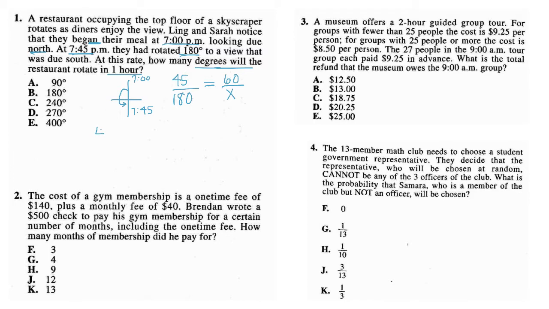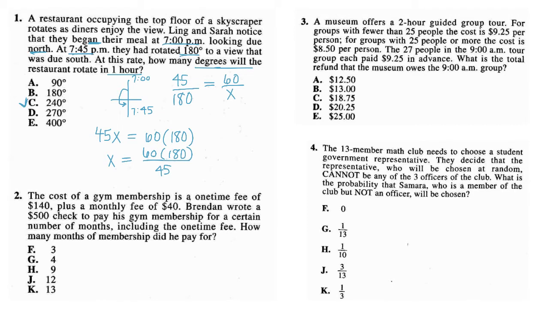So I'm going to have 45x equals 60 times 180. And then finally, to solve for x, you would need to divide both sides by 45. So you have 60 times 180, and all of that is divided by 45. And when you do all of the calculator work here, you should get answer choice C.